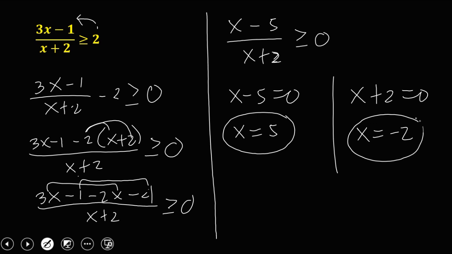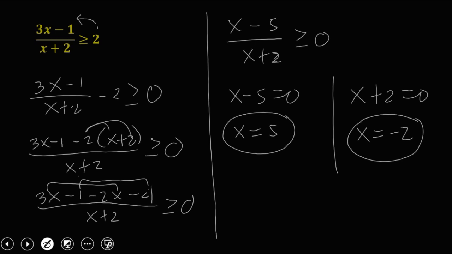And this is the second critical value. Then put these critical values on a number line. So we have 0, then negative 1, negative 2, and 1, 2, 3, 4, and positive 5. So these are the critical values.